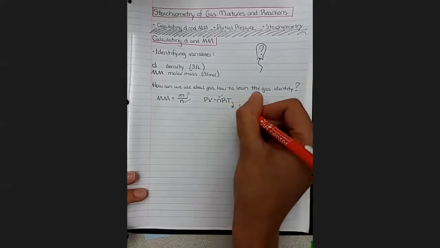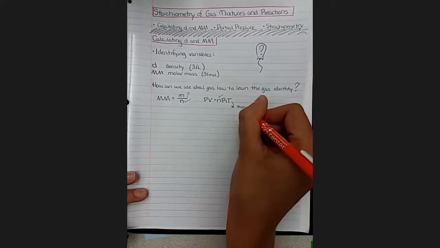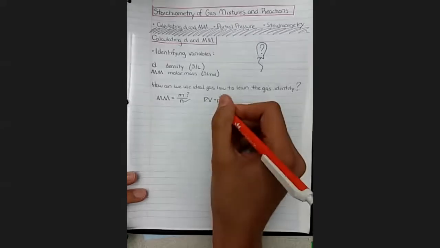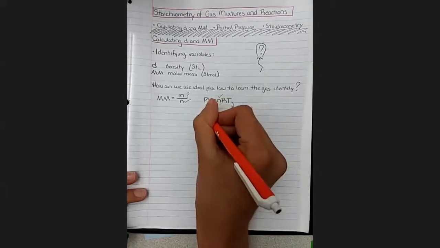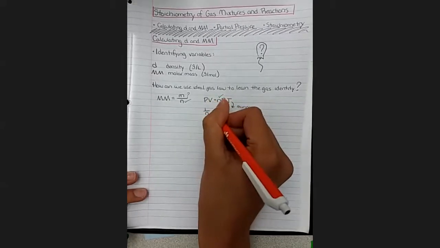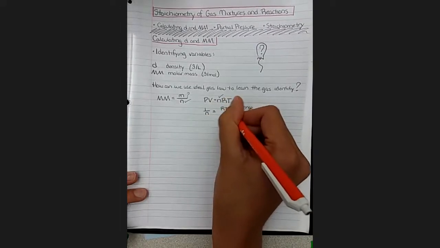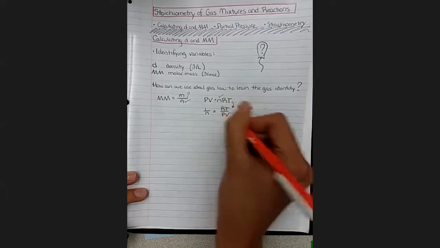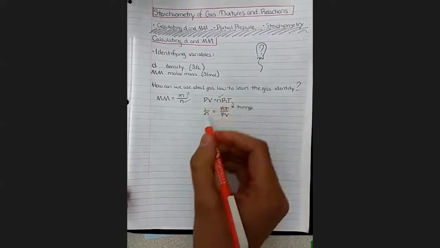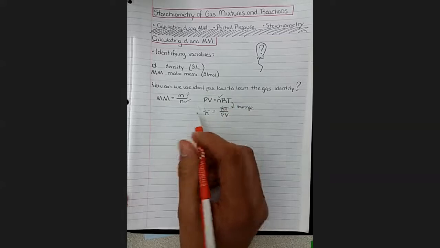So I am going to rearrange the formula to isolate the part that I know that I need. So I'm going to isolate 1 over n. And I can do that by moving it around. So that gives me RT over PV on this side. And then what I want to do is I want this side to say m over n.